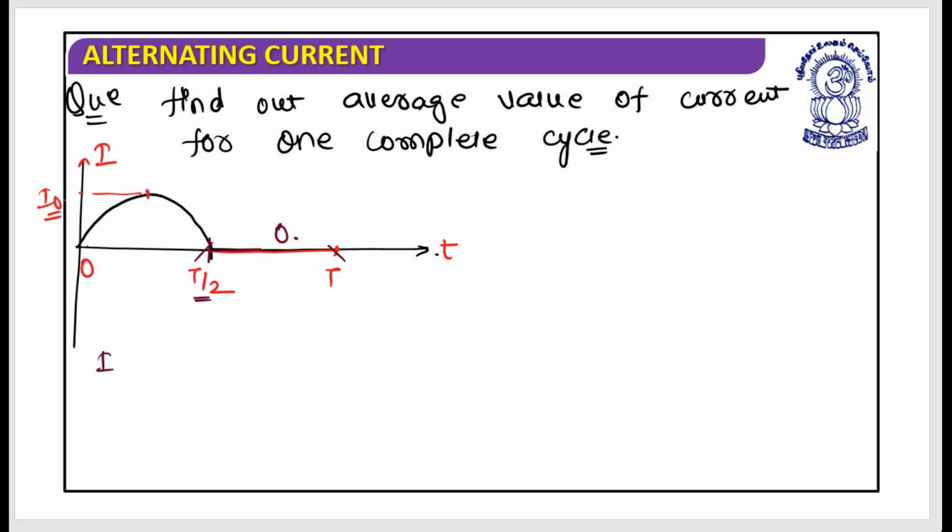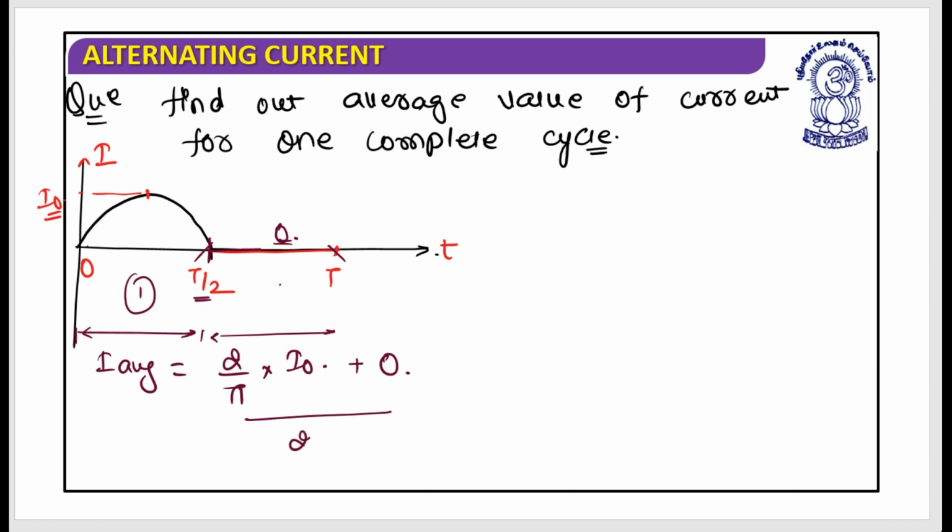So what I understand is I average is equal to 2 by pi multiplied by I naught. This is for the first segment only, from 0 to t by 2. For the second segment the current is 0, so this is plus 0, divided by 2, since I have taken these two segments. This is the first segment and this is the second segment.